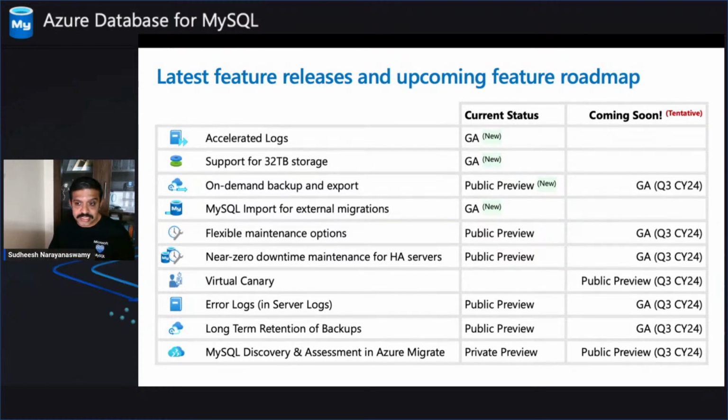Though we do the testing at our end, there could be something specific to your application which needs to be tested, so that before it moves to the production servers, you will be able to test and understand if there is any adjustment needed at the application level or at the versioning level. We will be public previewing this in Q3 of this year.